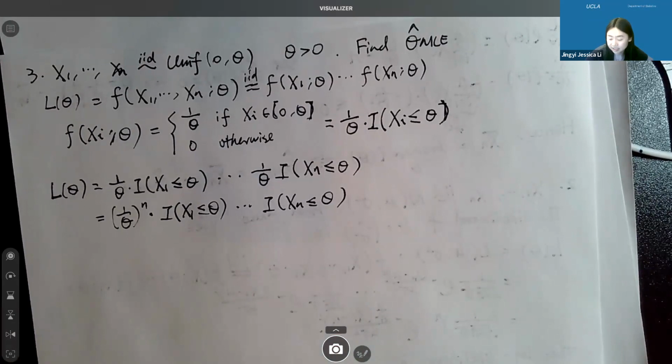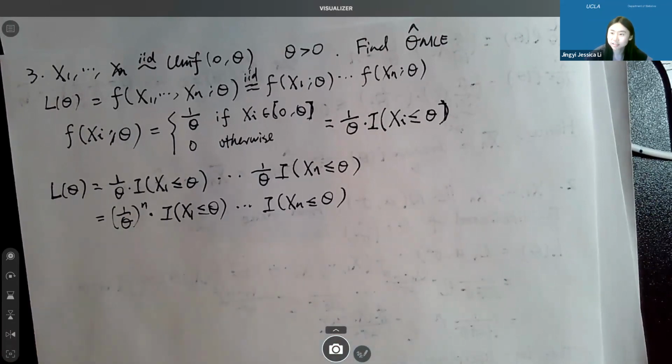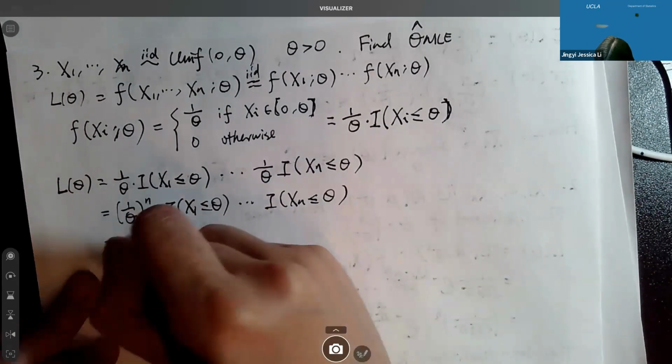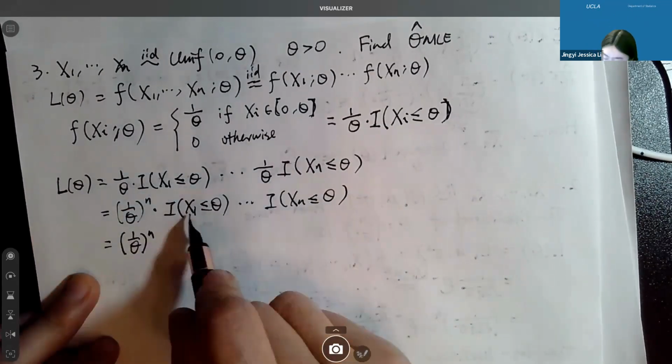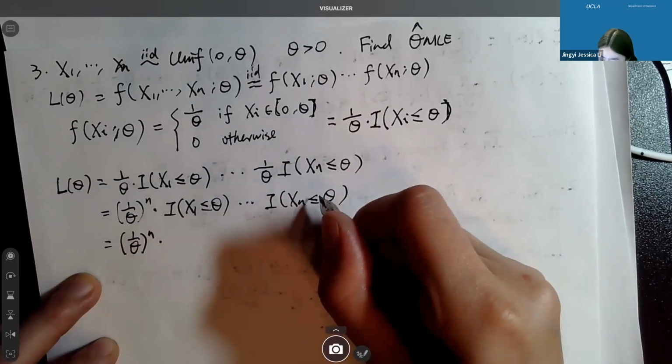So the only case that this is non-zero would be that all the indicator functions are equal to 1, right? And when all the indicator functions are equal to 1, it means that x1 to xn are all under theta, right? And that translates to the maximum of x1 to xn being under theta, right? So this is the key step. To make this non-zero, we need all of x1 to xn under theta.